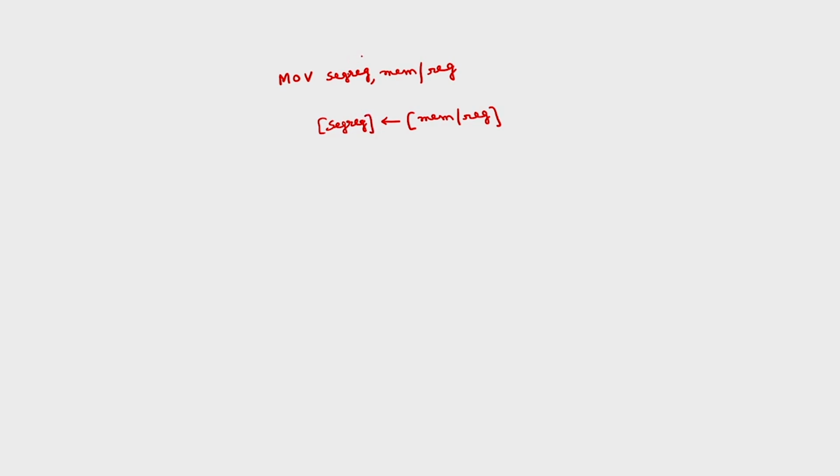We have 4 segment registers: code segment, data segment, stack segment, extra segment. If the source is memory, while calculating the memory address you have to use the data segment by default to compute the physical address.